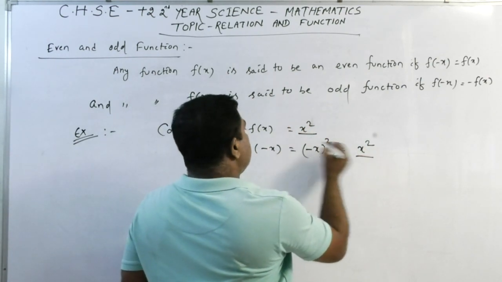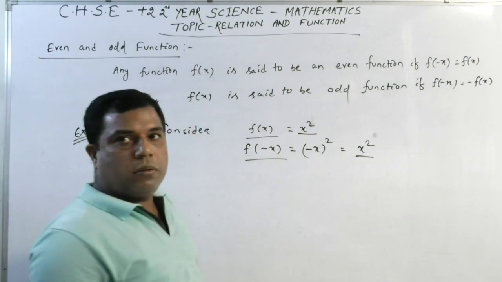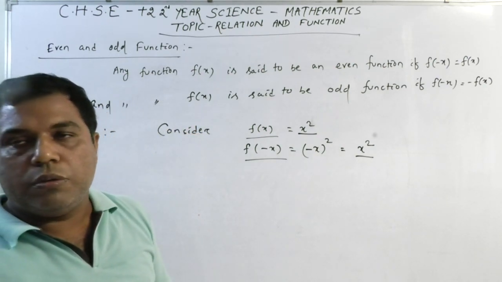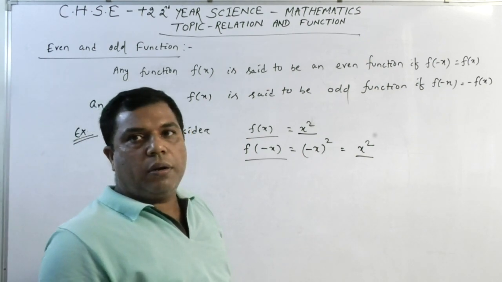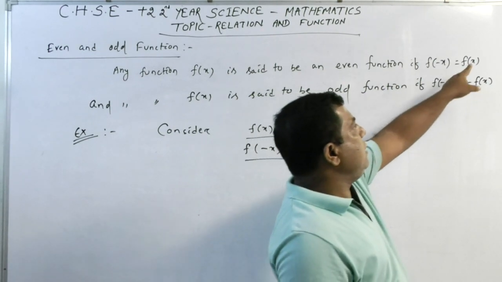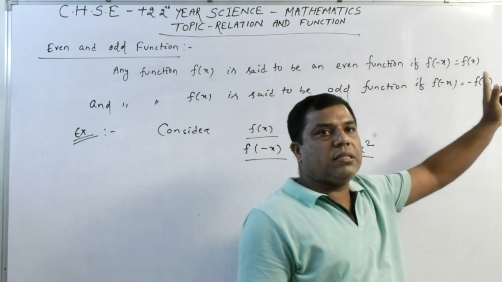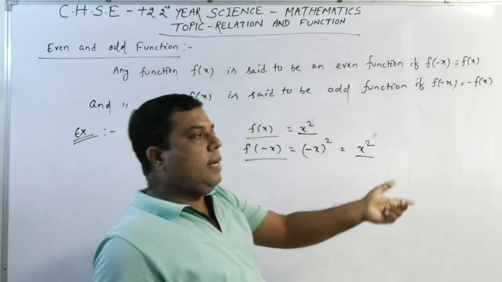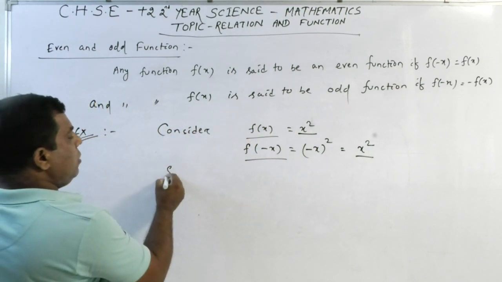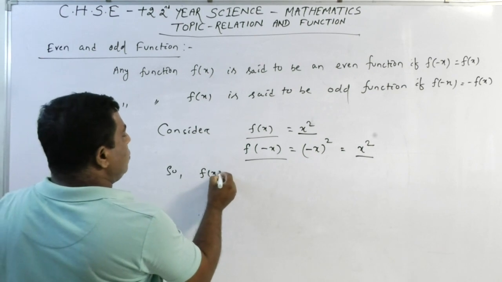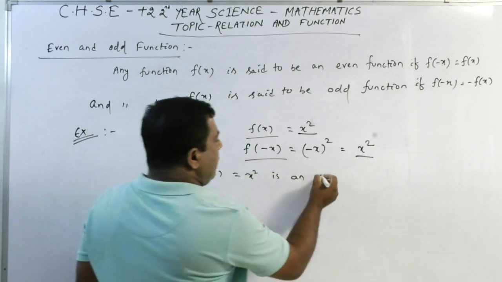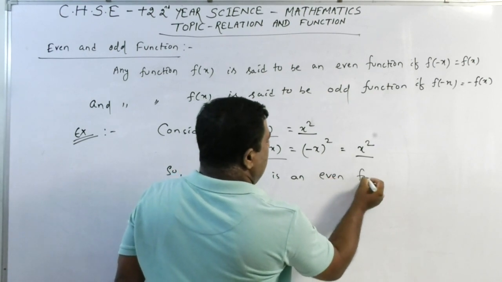Both have the same value; it does not change. If the function has the same functional value at x or at minus x, it is said to be an even function. So f of x equals x square is an even function.